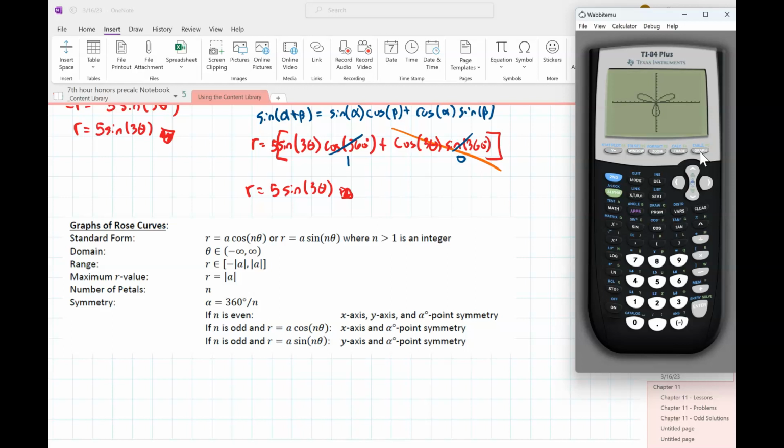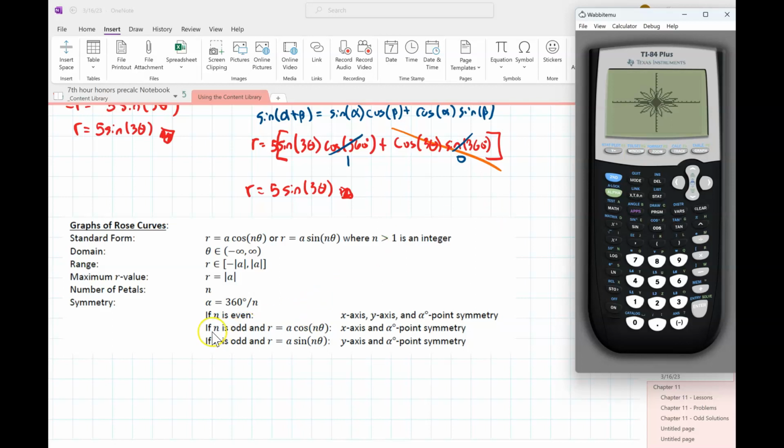And then our last thing is our symmetry. We can determine symmetries of rose curves without actually proving anything. We can just use the rules that we've written down here. If n is even, we have all three types of symmetry. I'll make that a 6 or something. Symmetric across the x-axis, across the y-axis, and if I rotate one petal, it's the same thing, right?